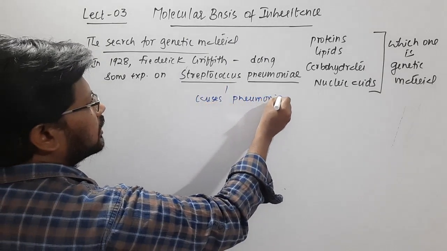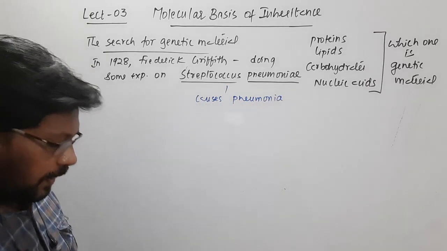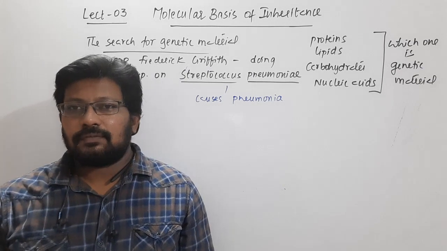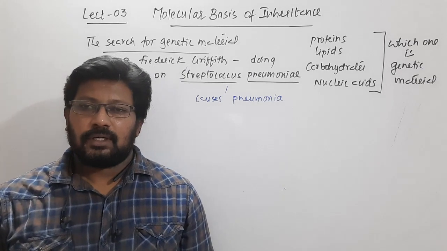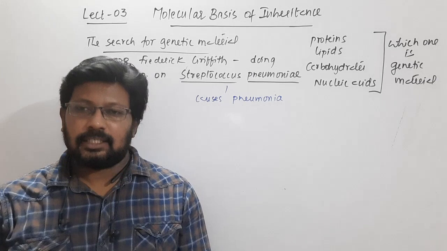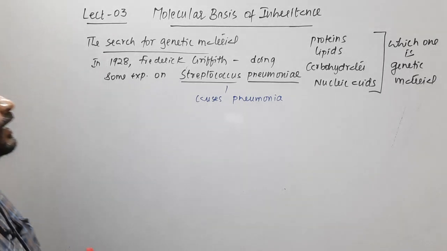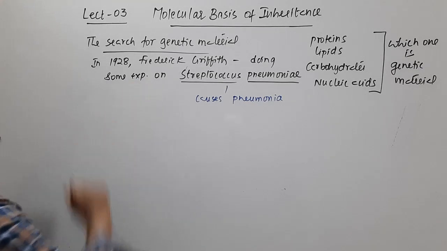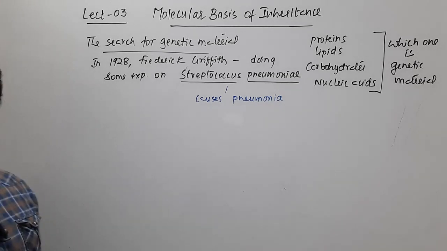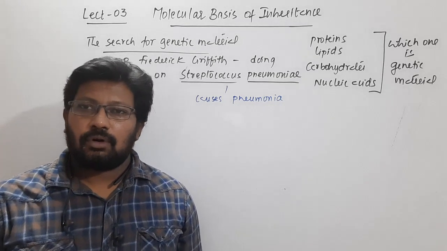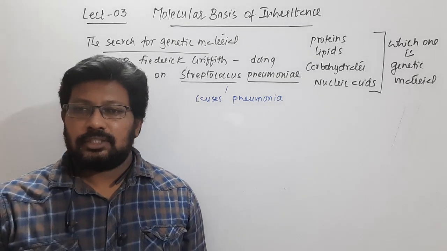Pneumonia is a problem with the lungs, and the person will not be able to get enough oxygen due to this condition, and the person dies due to lack of oxygen. So in 1928, Frederick Griffith was doing some experiments on this bacterium in the laboratory, and we know that these bacteria can be grown on a culture medium.